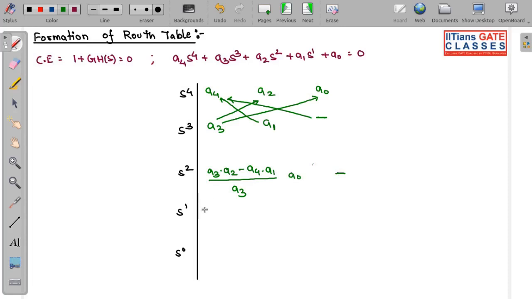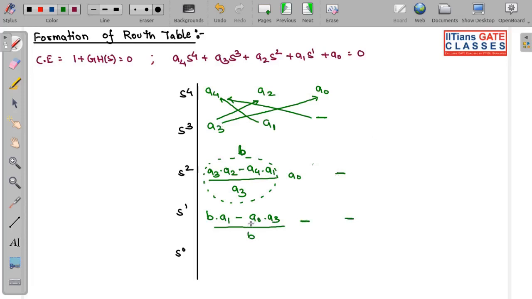If I want to write s1, let us assume this is b. Over here this will be b dot a1 minus a0 dot a3 divided by b, and this will be blank over here because b into blank and this also into blank will be 0.